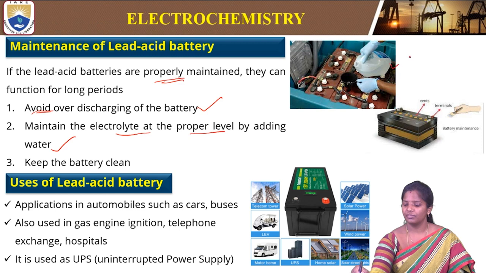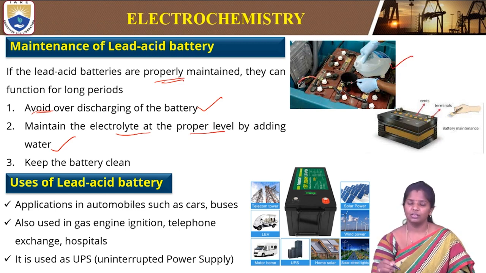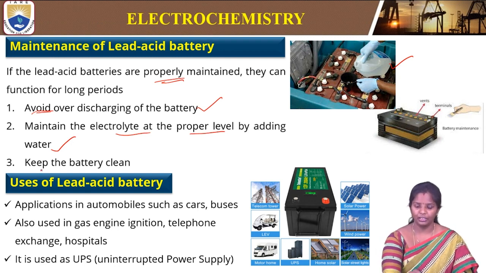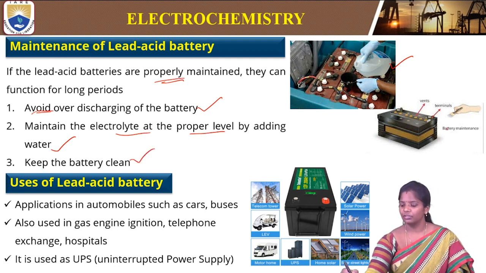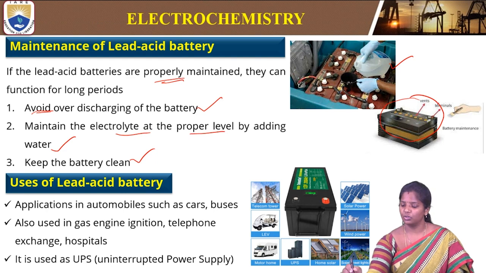As we see from this figure, here the mechanic is adding water into the battery so that it will maintain the electrolyte level. Then keep the battery clean. Brushing the battery is very important. We have to clean the battery with brushes so that the terminals are not corroded, and keep it clean so that it can work for longer periods.